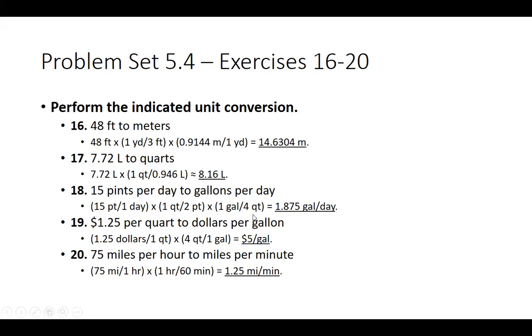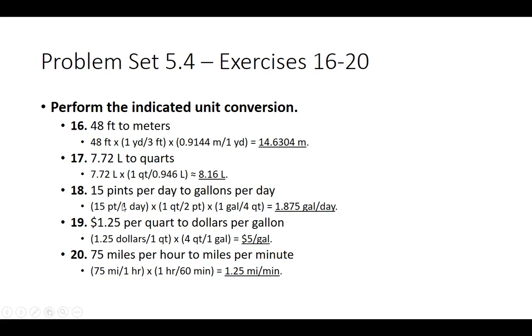Then we want to cancel quarts away and leave ourselves with gallons. So quarts on the bottom, gallons on top. That's 1 gallon over 4 quarts. The unit that's left over on the bottom is the days that we started with. The units we have on top now are gallons, so we are in gallons per day like we want.